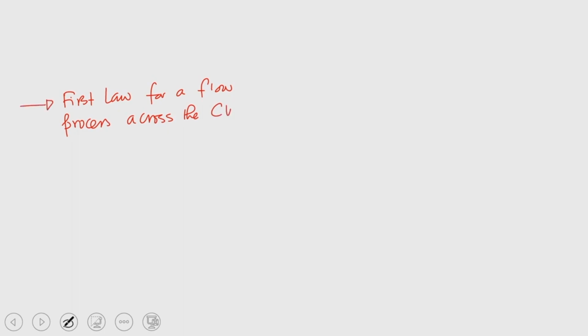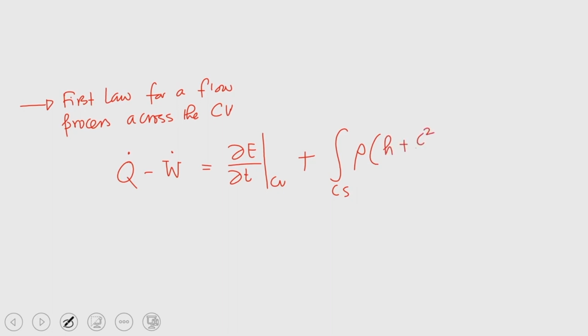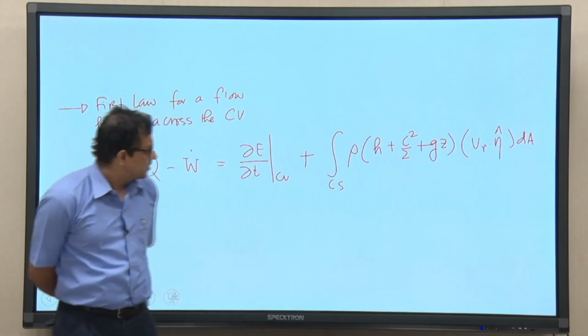In the last class we derived the expression, that is, Q dot minus W dot equal to d/dt of the control volume term plus the flux term. This is what we have written in the last class.